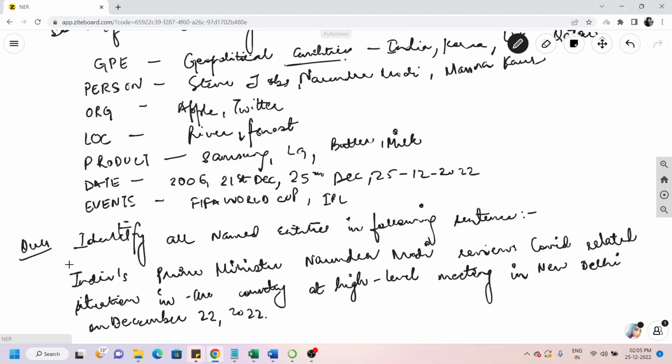So this is a sentence for you guys, for which you have to identify all the named entities and write it down in the comment section.